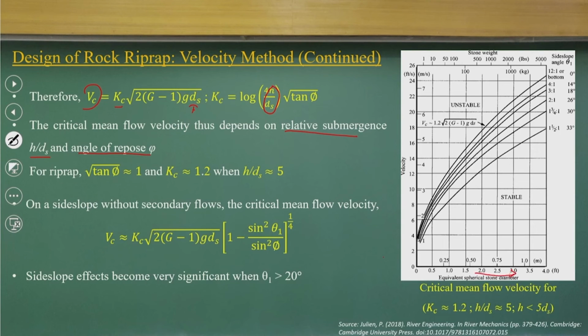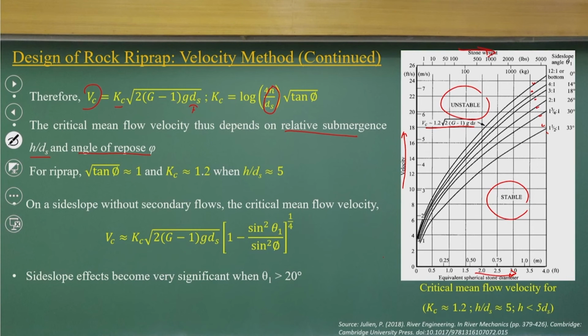On this axis the diameters, equivalent spherical stone diameters, and this is the stone weight, because you know the specific gravity, you can find the stone weights. This side you have the velocity, and there is a curve of Vc equal to this. There are regions of stable and unstable, and these are the curves for different slopes.